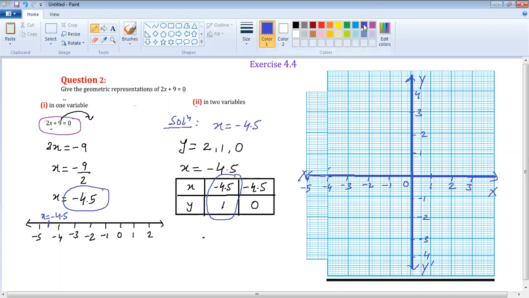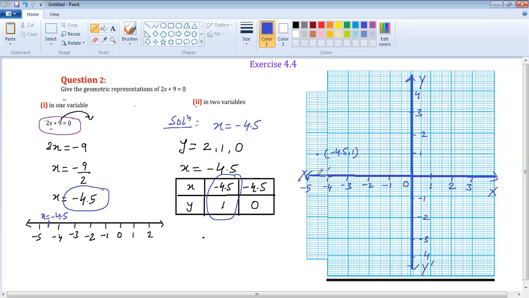So let's locate this point on the graph. x is minus 4.5, that means it is half of minus 4 and minus 5, and y is 1. So this one is the point minus 4.5 where y is 1, and the second is where y is 0 and x is minus 4.5.